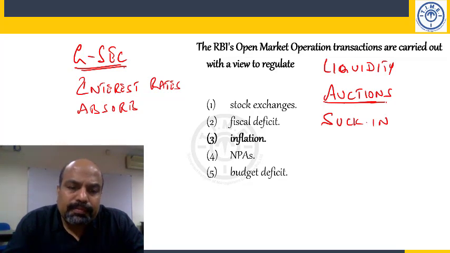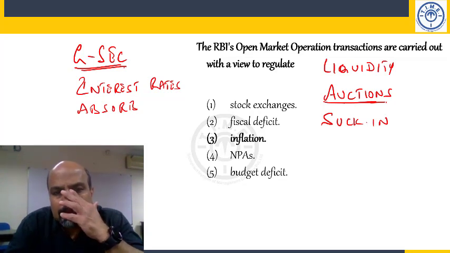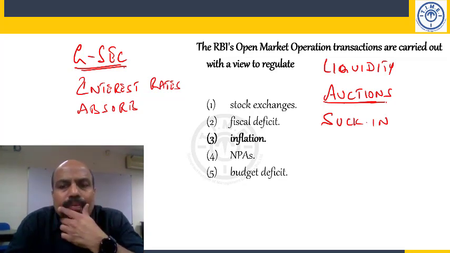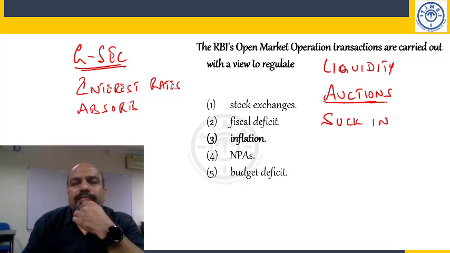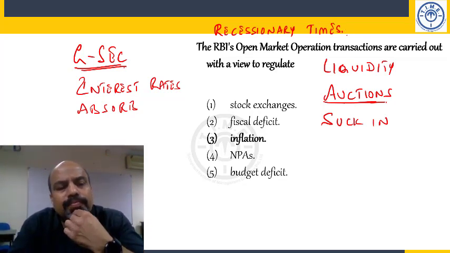Next point. To increase money supply, let's look at the opposite side. To increase money supply, the RBI buys government securities during recessionary times, full stop.